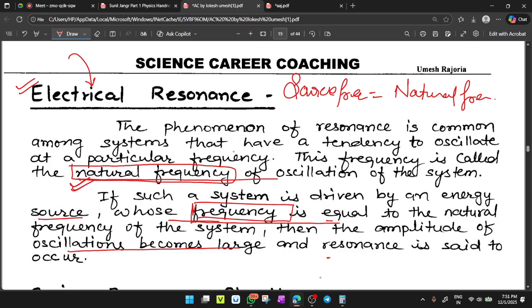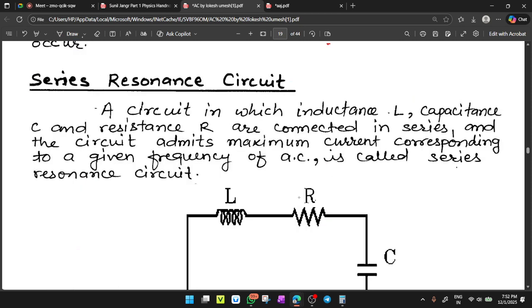We can say that resonance is occurring. Clear? So the condition of matching of source frequency with the natural frequency is called the condition of resonance. Done.